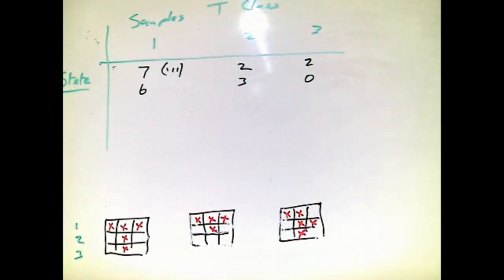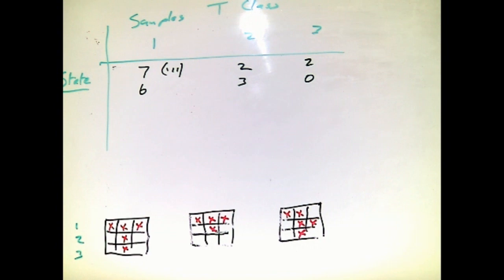Now, if I was sampling column by column and taking the top as the most significant bit and the bottom as the least significant bit, what states would I have for the columns? What's in the first pattern column?